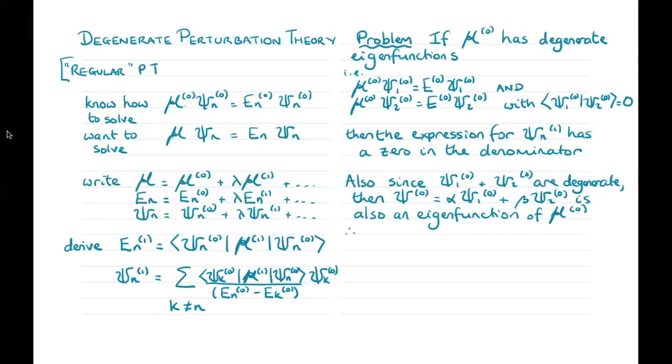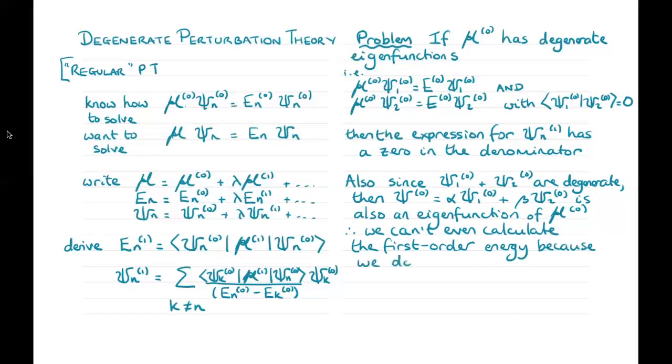And so we can't even calculate the first order correction to the energy because we don't know what to use for our unperturbed wave function. So it's clear that we're in trouble and we need another approach.